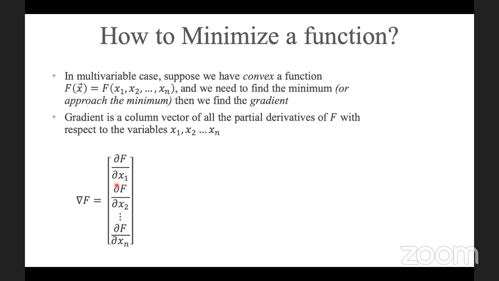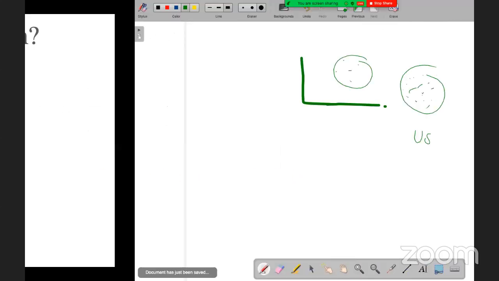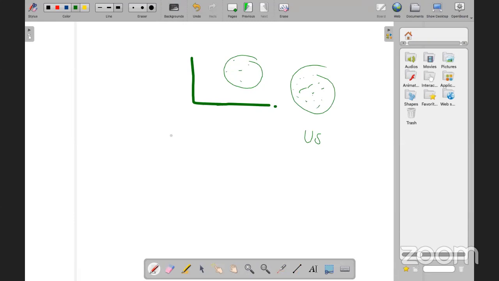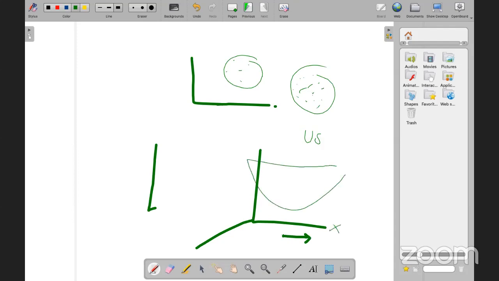Geometrically, you have some function, and if you are at some point here and you move in the x direction, not changing your y value, you are staying at the same y and just moving in the x direction.